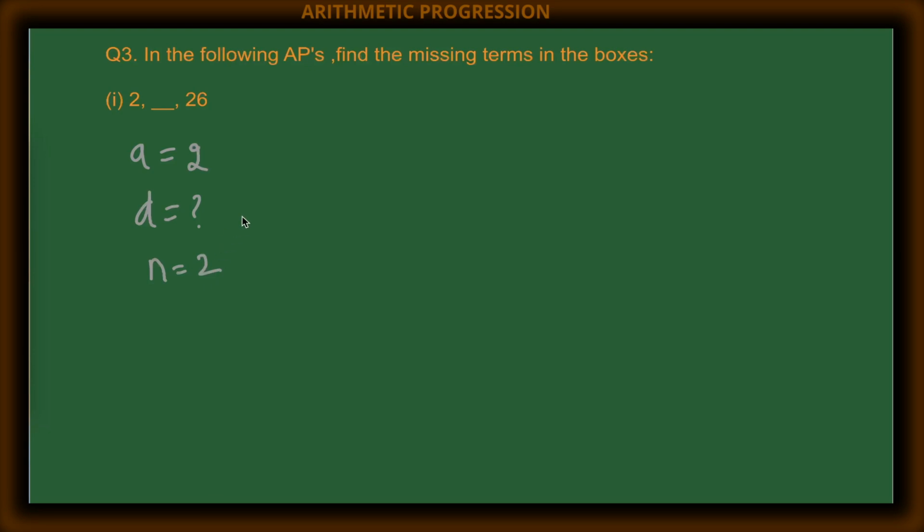Can we use the formula? Here, let's assume this as X. When there is something unknown, let's assume it as X. And let's try to find the common difference.